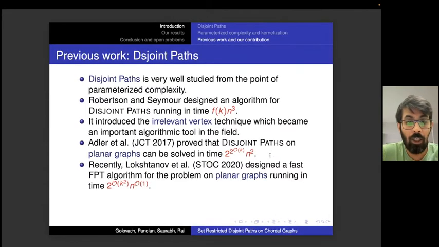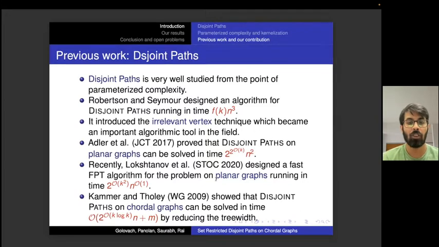And recently, Lokshtanov et al. designed an algorithm which ran in single exponential time for planar graphs. This was a breakthrough result, and it showed that on planar graphs, disjoint paths can be solved in 2^O(k^2) time and some polynomial factors in n.